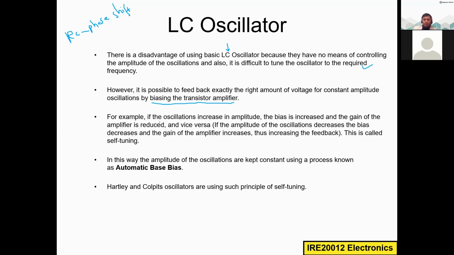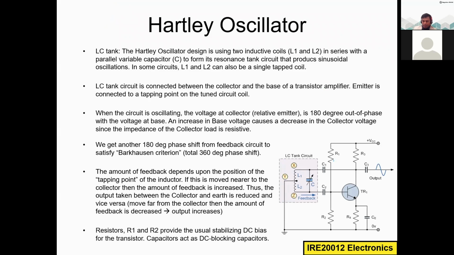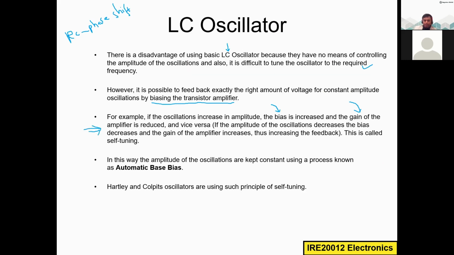For example, if the oscillations increase in amplitude, the bias is increased and the gain of the amplifier is reduced. Let us see, this is the circuit. This is the feedback circuit and this is the transistor.